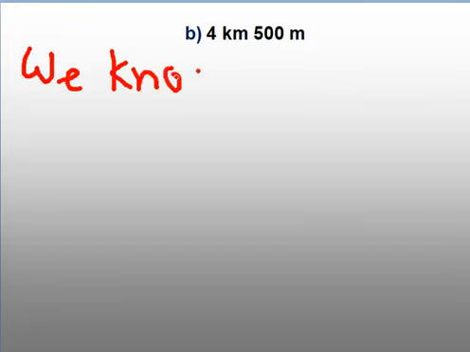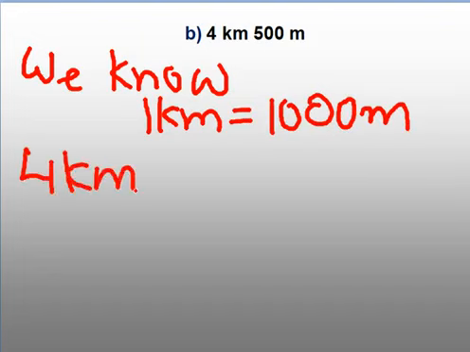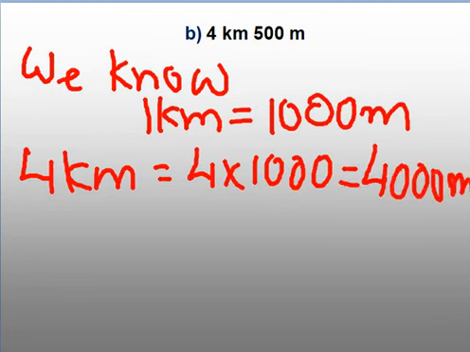You know it already. We know 1 kilometer is equal to 1000 meter. So 4 kilometer will be equal to 4 into 1000, that is equal to 4000 meters. But our answer doesn't end here.